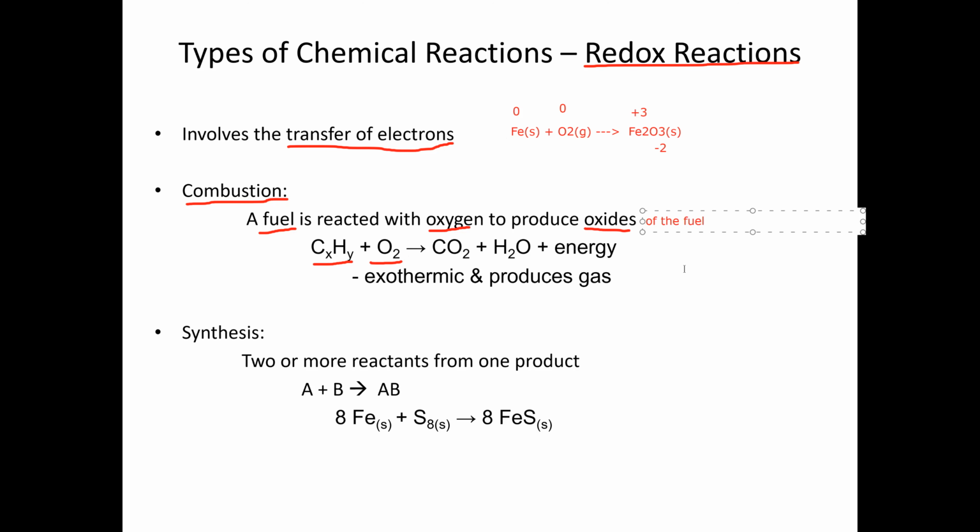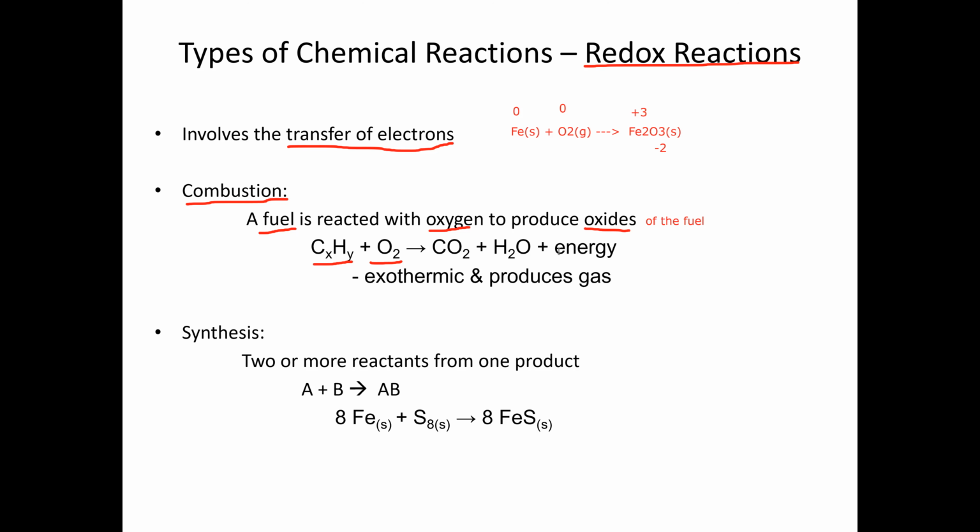So you're producing oxides of the fuel. Our fuel contains carbon and hydrogen, so our oxides would be carbon dioxide and water. Anytime you combust a hydrocarbon, you're always going to produce CO2 and water, and you produce a lot of energy as well. That's why your internal combustion motor gets hot when you're driving down the road.